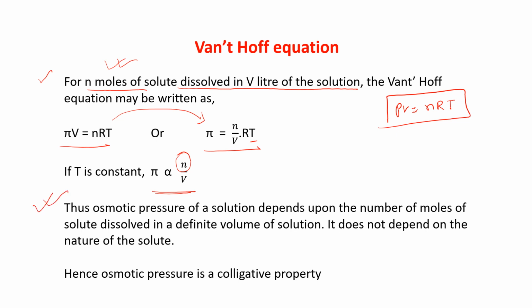So what you are getting, the osmotic pressure of a solution depends upon the number of moles of the solute dissolved in a definite volume of the solution. It does not depend on the nature of the solute. So what conclusion can we draw? We can draw the conclusion that osmotic pressure is a colligative property. Am I clear, children?